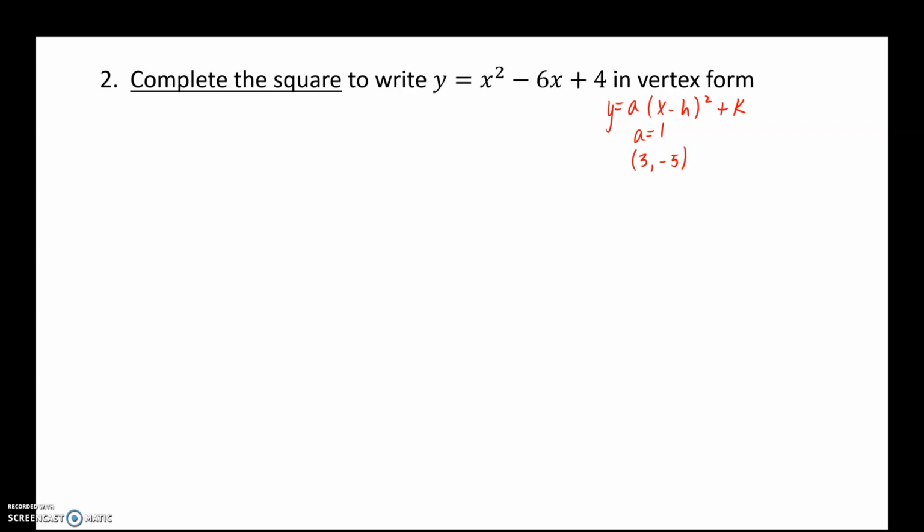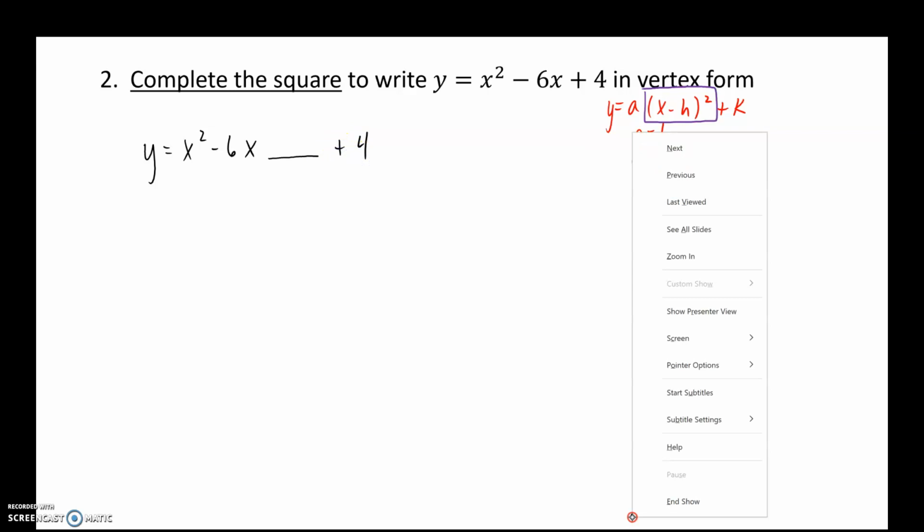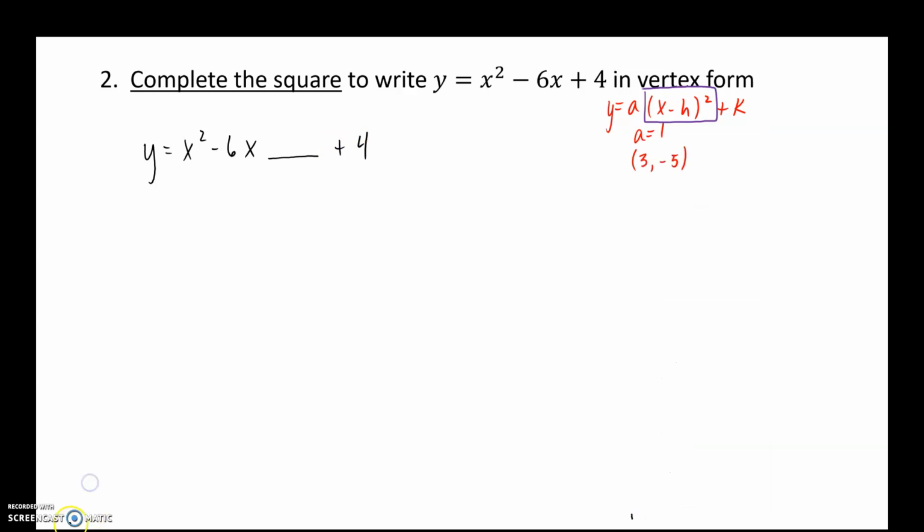All right, so when we complete the square, what we're doing is we're creating this part of the vertex form. So I complete the square on my x's. I'm going to keep my x's together, leave a little space, and then there's my plus 4. So I just separated the x from the constant term.